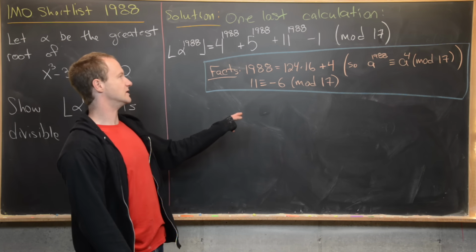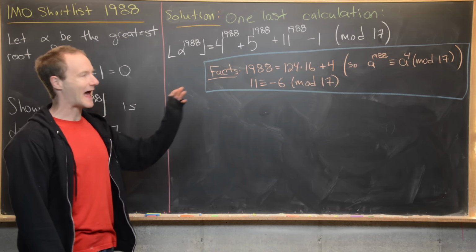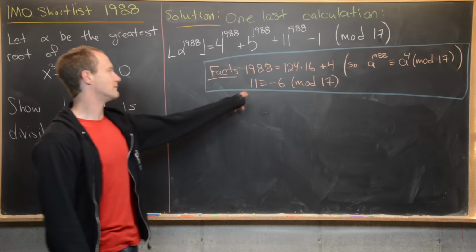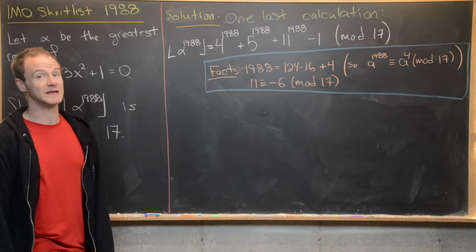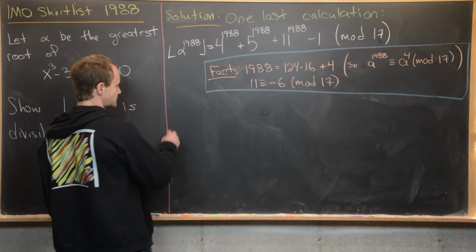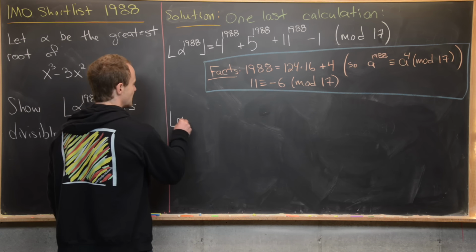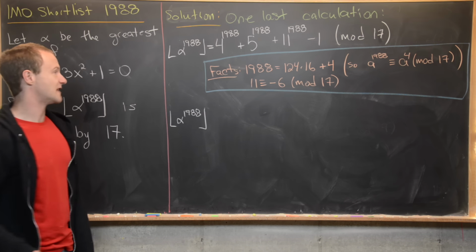The next thing that we're going to do is, since 11 is more than half of the way to 17, we might as well write it as -6 mod 17. Then the calculation will be a little bit easier. Now we're ready to jump into it. So let's notice that we have alpha to the 1998, the floor of that.